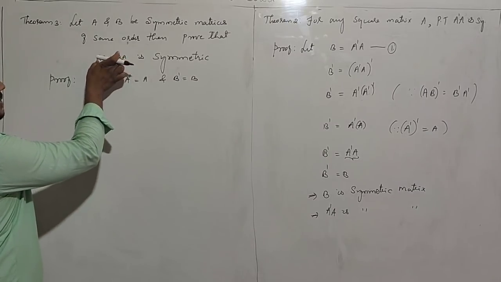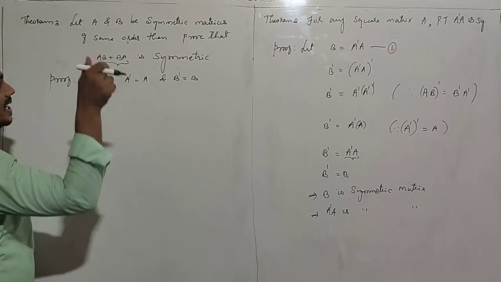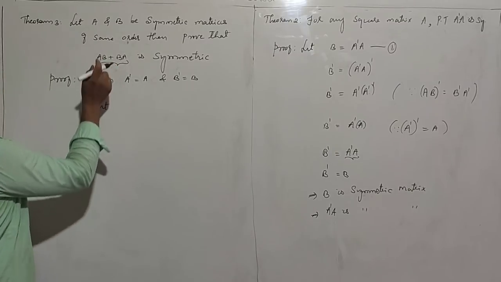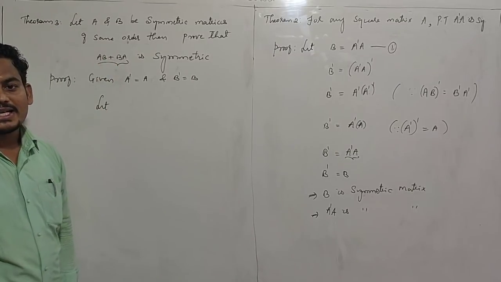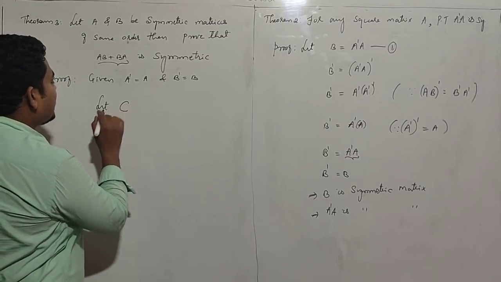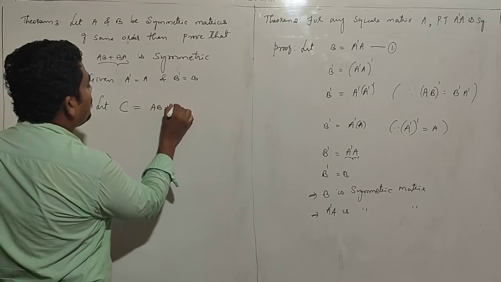This matrix AB plus BA is one matrix. AB plus BA is also symmetric matrix. Let us take AB plus BA as some other matrix instead of A and B. I will take it as C. Matrix C is nothing but AB plus BA.